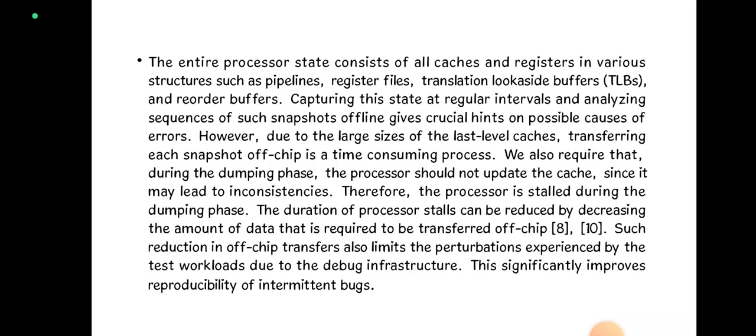The duration of processor stalls can be reduced by decreasing the amount of data that is required to be transferred off chip. Such reduction in off chip transfer also limits the perturbation experienced by the test workloads due to the debug infrastructure. This significantly improves reproducibility of intermittent bugs.